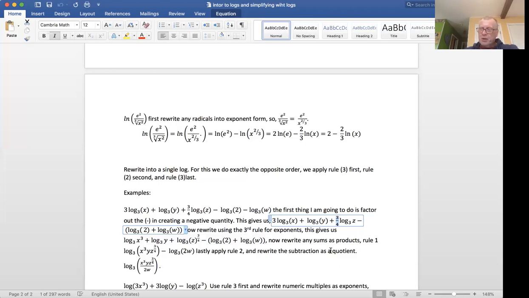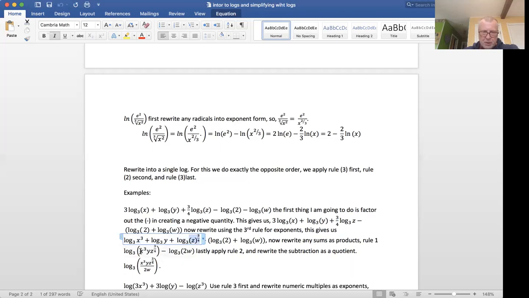Wherever there's addition, we write as one log, and we take the product, multiplying the arguments of the things that were added together. So we have log base 3 of x cubed plus log base 3 of y plus log base 3 of z to the 3/4.